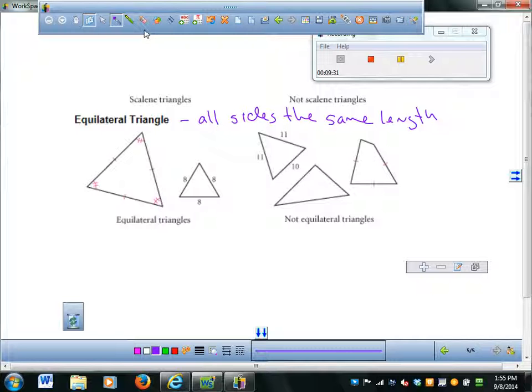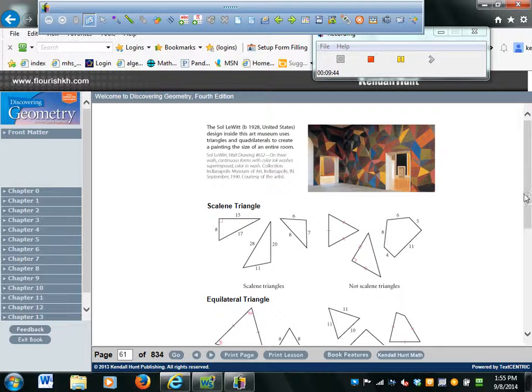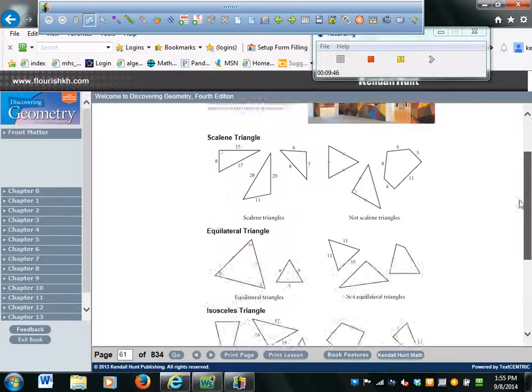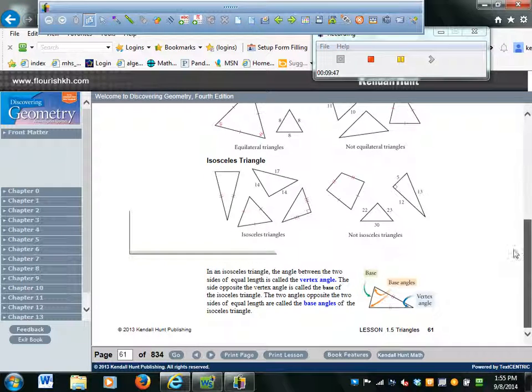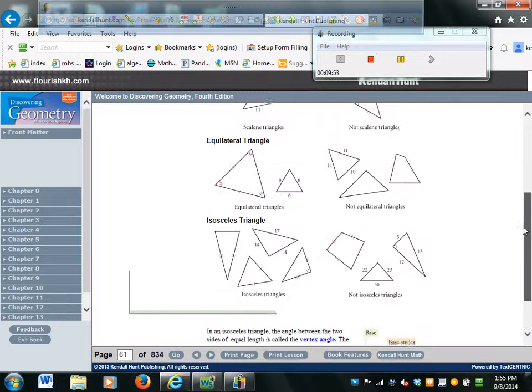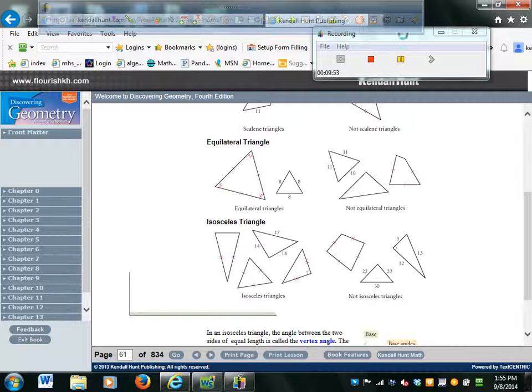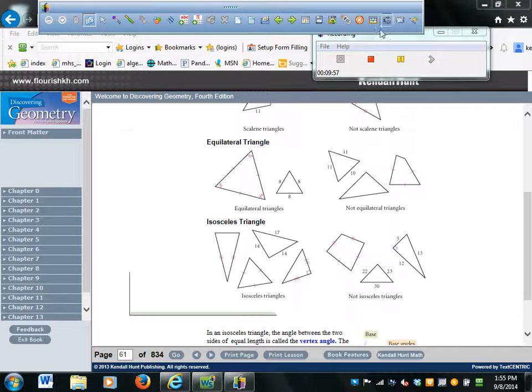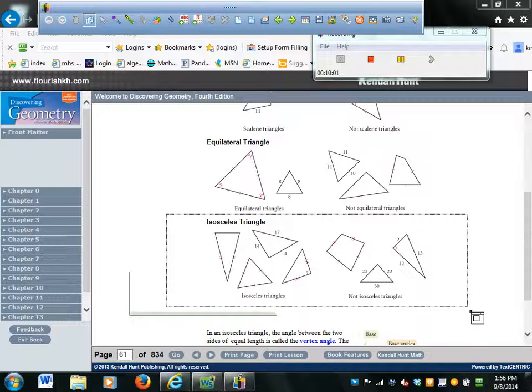And then the last one is isosceles. How do you say that? Isosceles. Oh, that's right. I'm just kidding. I know this. Let's look at the isosceles triangle.